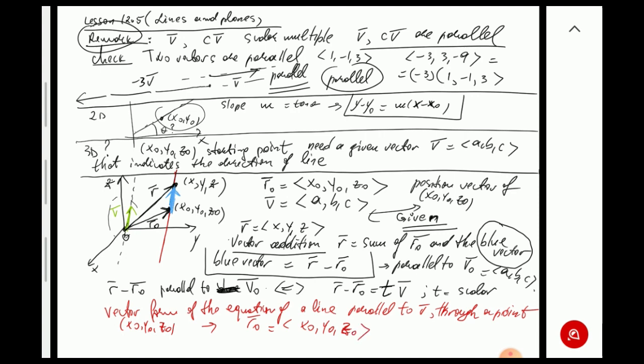So the vector form of the equation of the line will be r bar minus r naught bar equals t v bar, where t is a parameter that takes any real number. For each parameter t, you're going to end up with a point on that line. So let's go over an example.